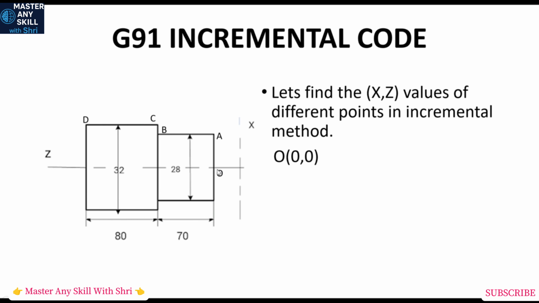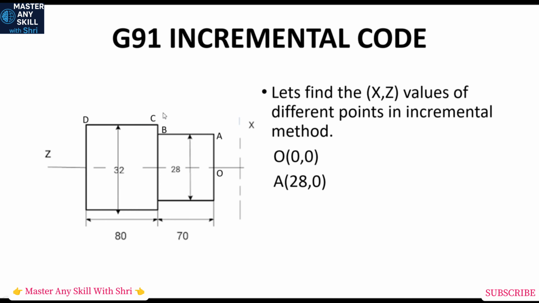A has 28 diameter from O, so X at A is 28. And how far did A move from O in Z direction? A has not moved any distance in Z from O, so Z coordinate is 0. So our coordinates of A are 28 and 0.